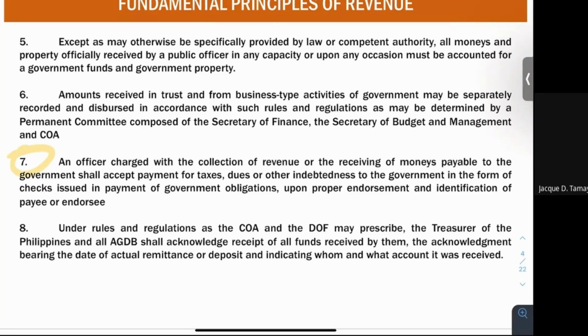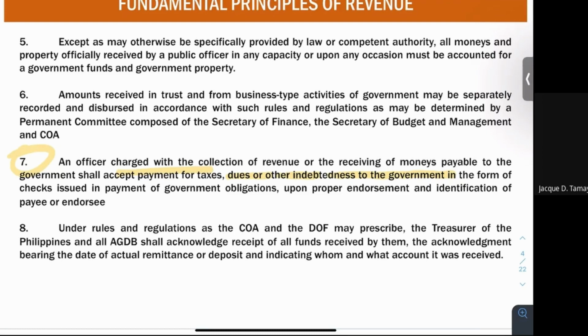An officer charged with the collection of revenue or the receiving of monies payable to the government shall accept payment for taxes, dues, or other indebtedness to the government in the form of checks issued in payment of government obligations upon proper endorsement and identification of payee or endorsee. As a general rule, you know that all collections must be paid through cash.